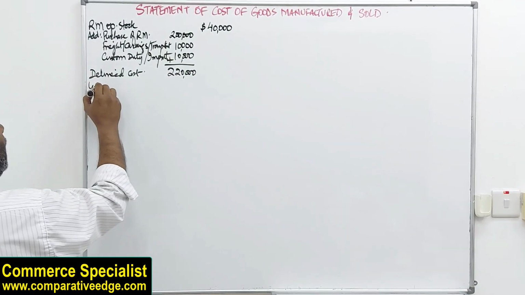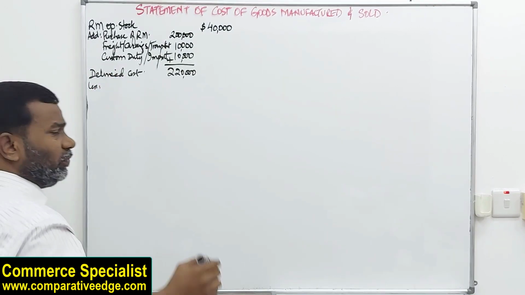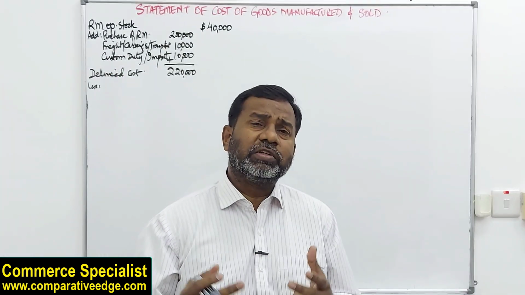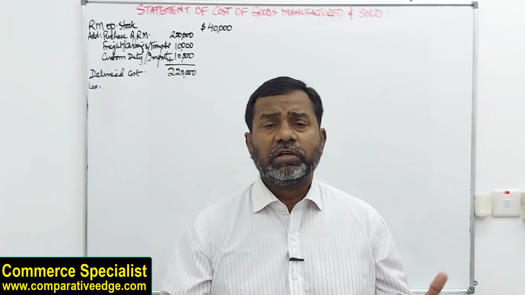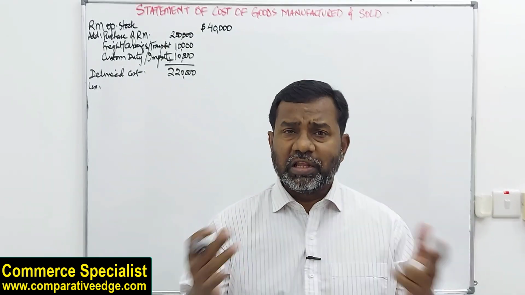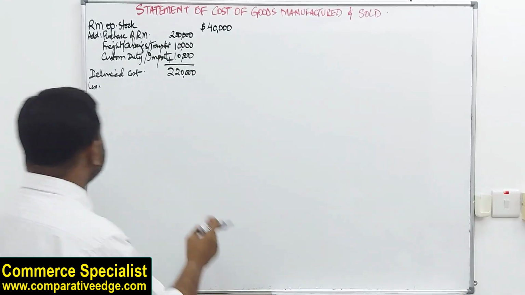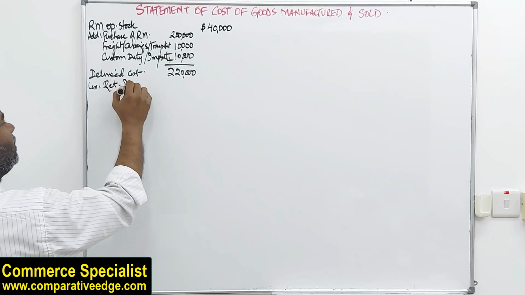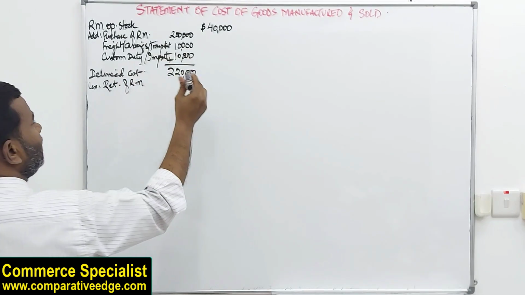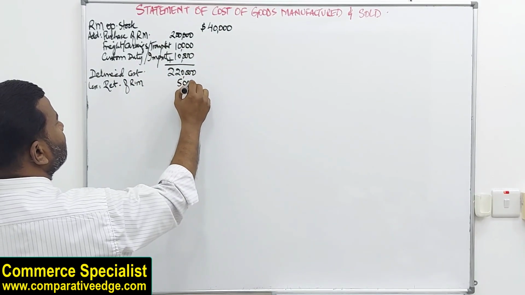So after that, probably once we inspect the raw material, there is a possibility that some of the raw materials are not up to the mark of what we ordered. So probably we are going to return them back to the supplier. So here we minus return of raw material, obviously to the supplier. Let's say it's 5,000.